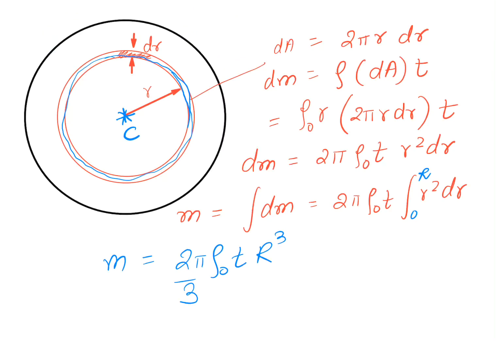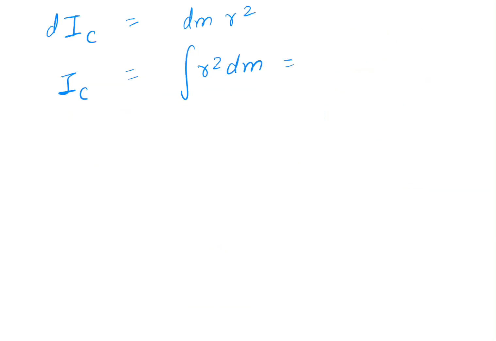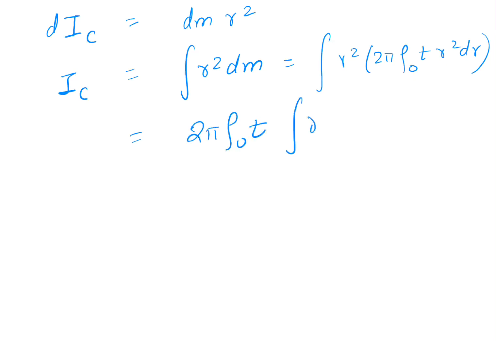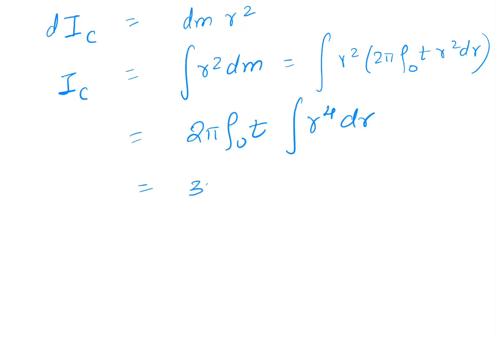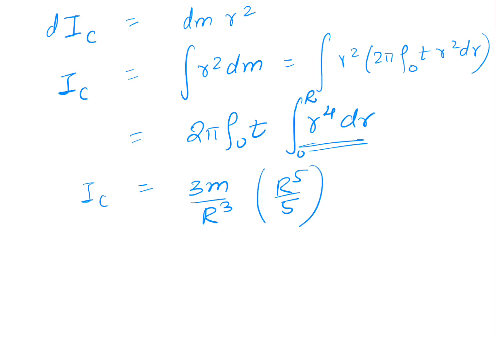Put the value for dm, 2 pi rho naught t r square dr. So r square times 2 pi rho naught t r square dr. This will be equal to 2 pi rho naught t integration r power 4 dr. Now from the mass formula, 2 pi rho naught t is 3m by r cube. So this will be equal to 3m by r cube, and integration will give me r power 5 divided by 5, because the limits are 0 to capital R. So IC will be 3 by 5 mr square.